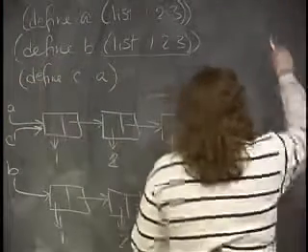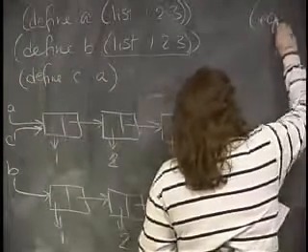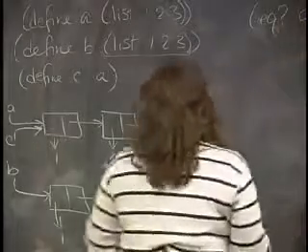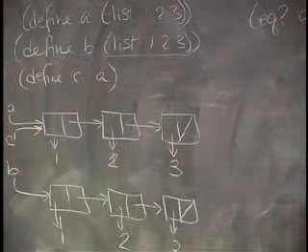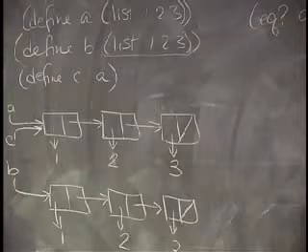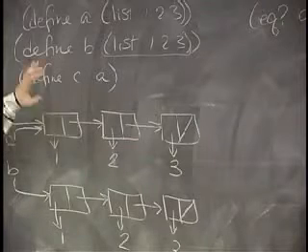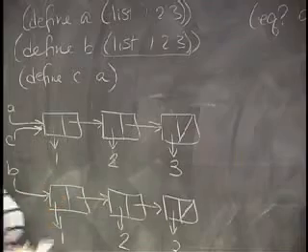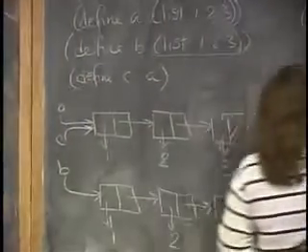So EQ is looking to see if 2 things are the same object. Is this list the same object as that list? No, it is not. And Scheme will return false.